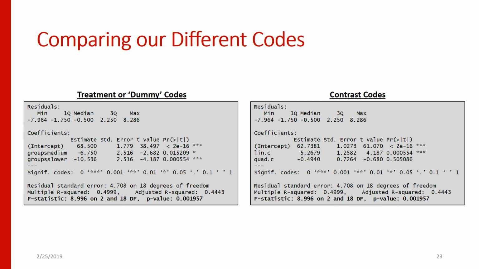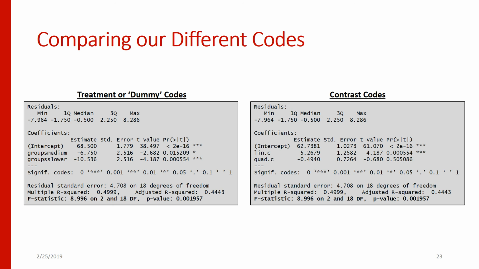The reason for that is that both sets of codes are predicting the mean of each group. So even though they do it in slightly different ways, whether we use the treatment code or the contrast code, we're ultimately getting the exact same predictions out of this model, which means we're getting the same sums of squared errors, which means the R squared and the F values are all going to be the same.